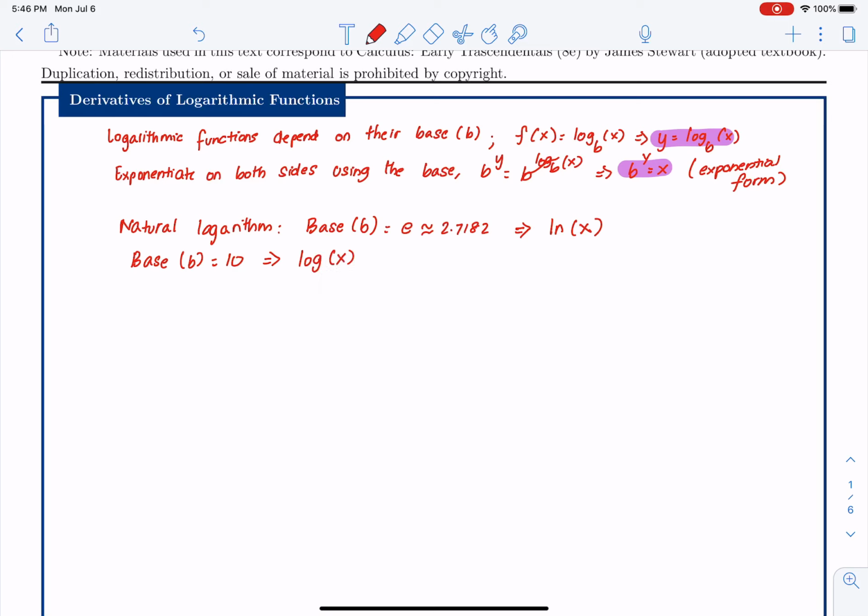For all other bases, we specify the base clearly. In other words, log base b of x. The value of b could be 2, 3, 7, 100. It doesn't matter.